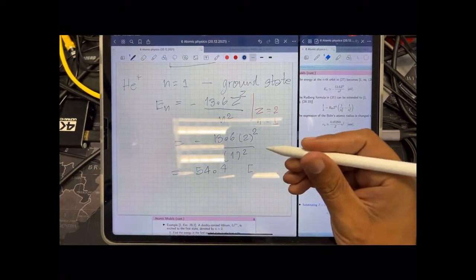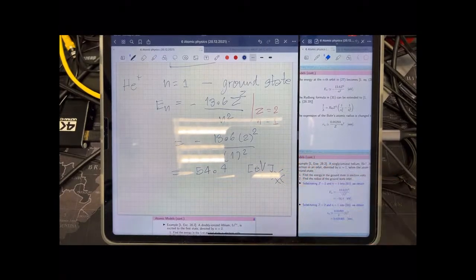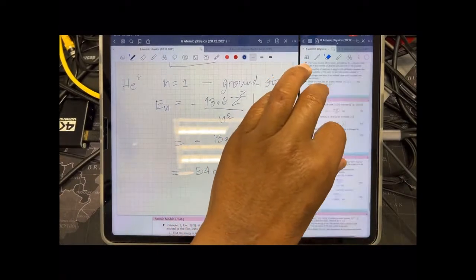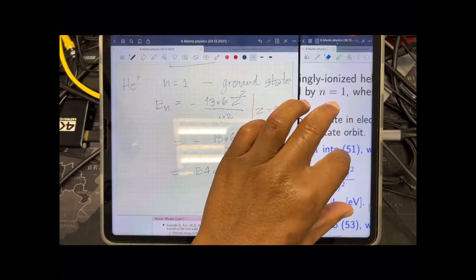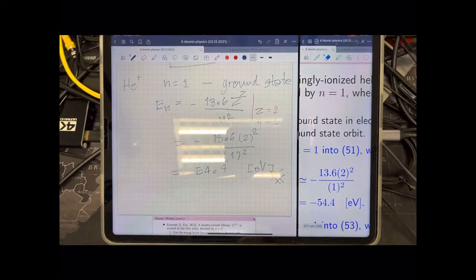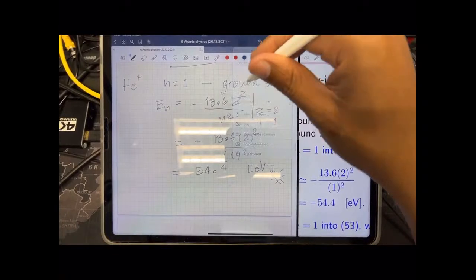And the unit is not joule, right? It's electron volt, and that's the first answer we could deliver. Let's check whether it's correct. Oh, sorry for that, it's negative. Minus 54.4 electron volt.